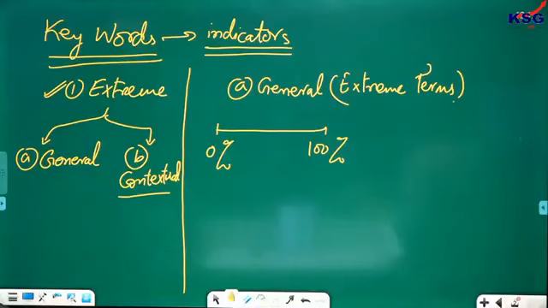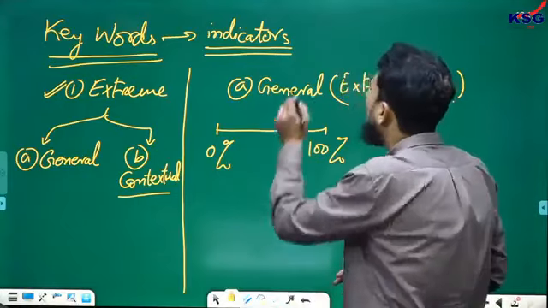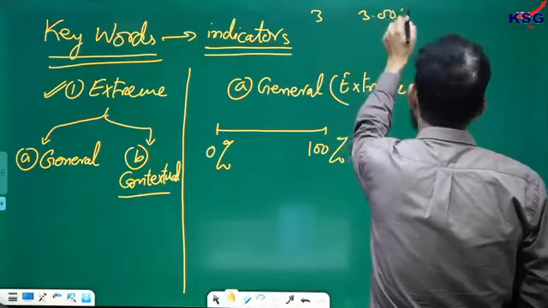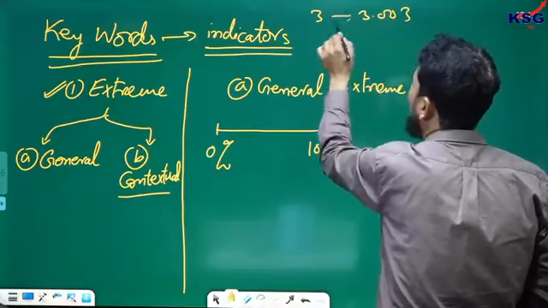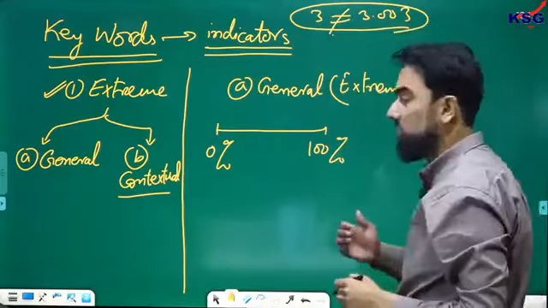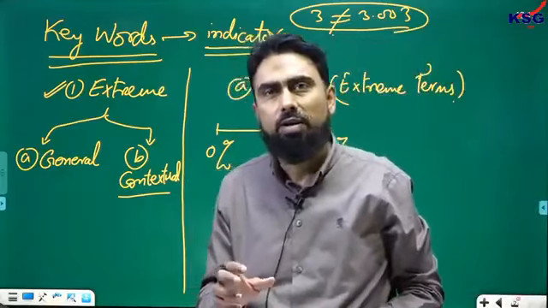If you compare language with mathematics, in mathematics we have precision, accuracy. If there is a number 3 and another number 3.0003, they both are not equal, right? So maths is all about accuracy, exactness, precision, whereas language has some sense.